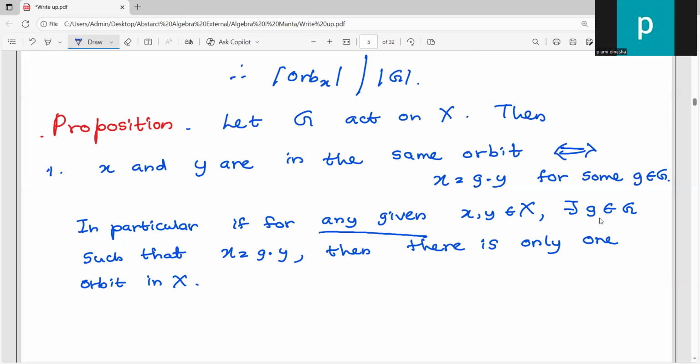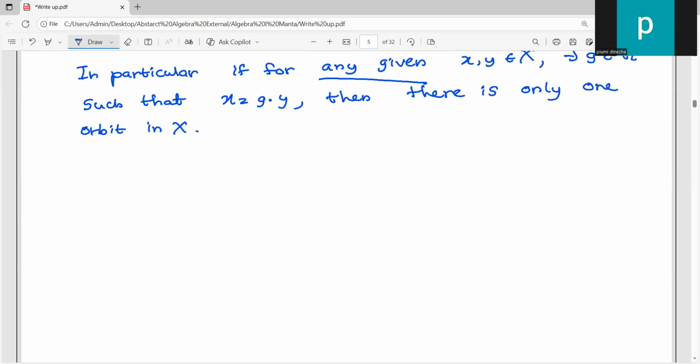That is the difference. Over here, you are picking two particular elements to be in the same orbit. And in the second sentence, you're saying that if this is true for any pair of elements that you pick, then we must have only one orbit. Let me write the second statement also, then go to the proof.